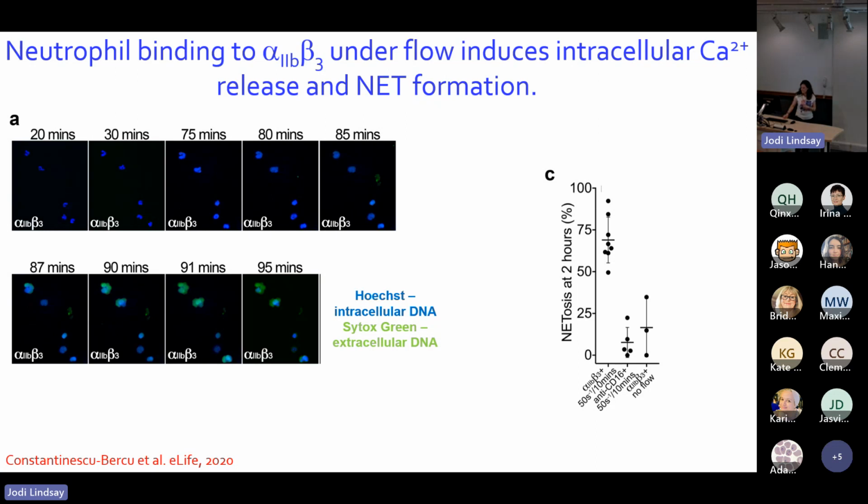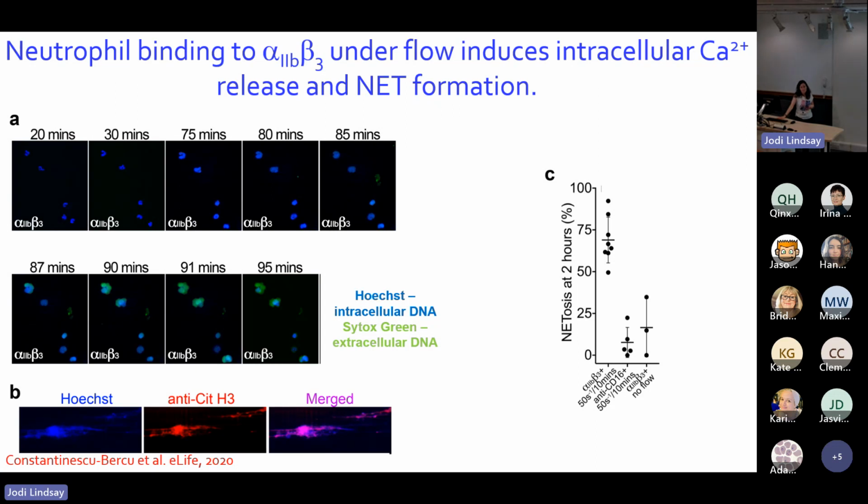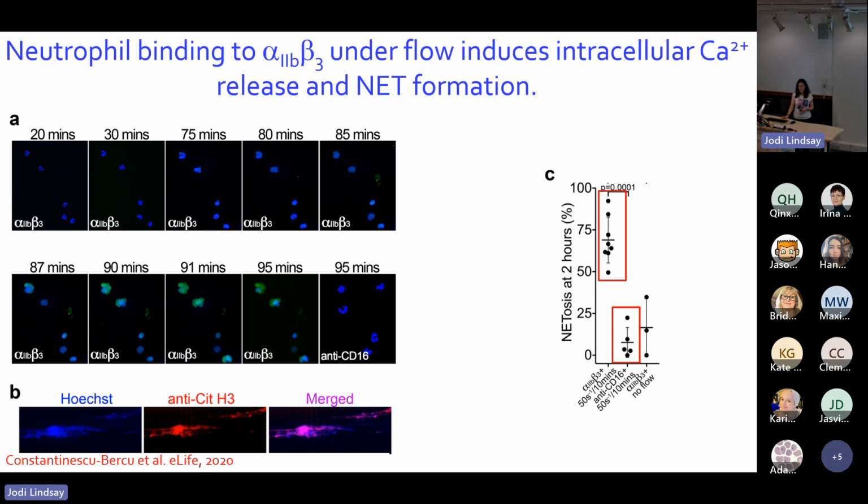To confirm that NETs were being formed, we used an antibody against citrullinated histone 3, which is a marker of NET formation. When we captured neutrophils with the anti-CD16 antibody, there was a significant reduction in NET formation.